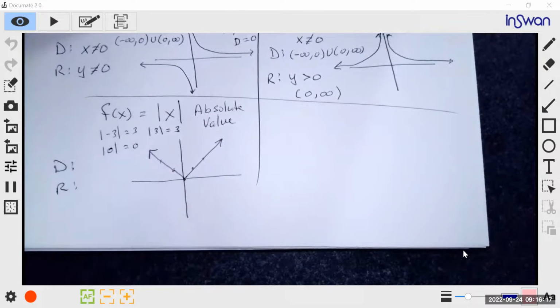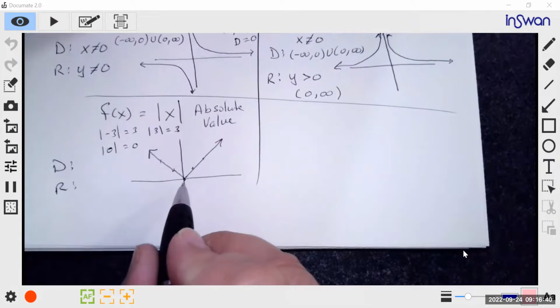How about the domain and range? What's my domain? Can I use negative numbers? Yes. Can I use 0? Yes, it's part of the graph.